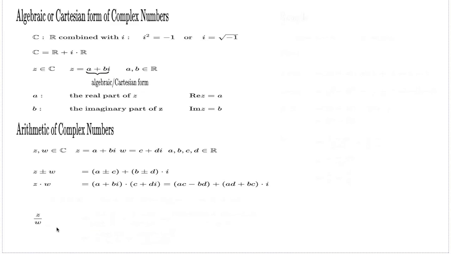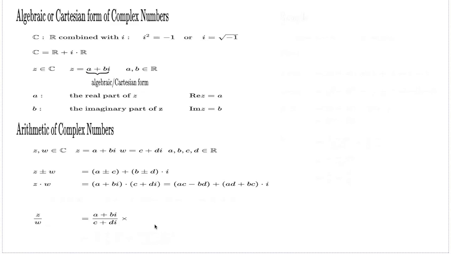With the division, it's a bit of a trick. It's sort of a new thing, something probably you didn't see before. First you write these two complex numbers in algebraic form, one above the other, but then you do this special thing.